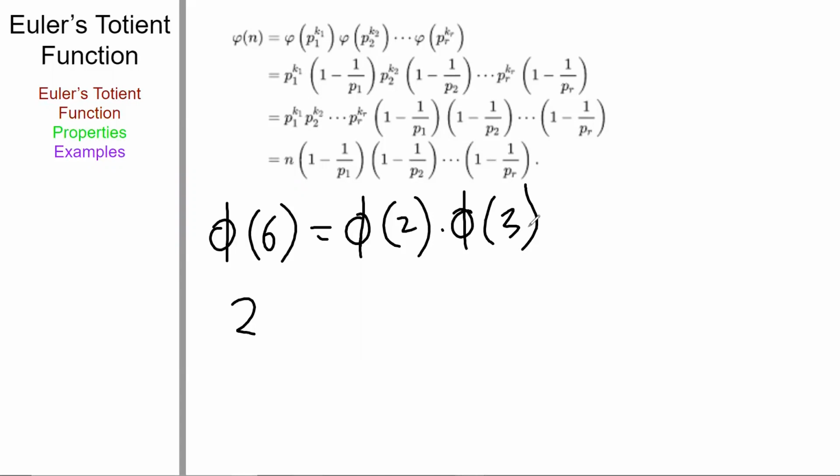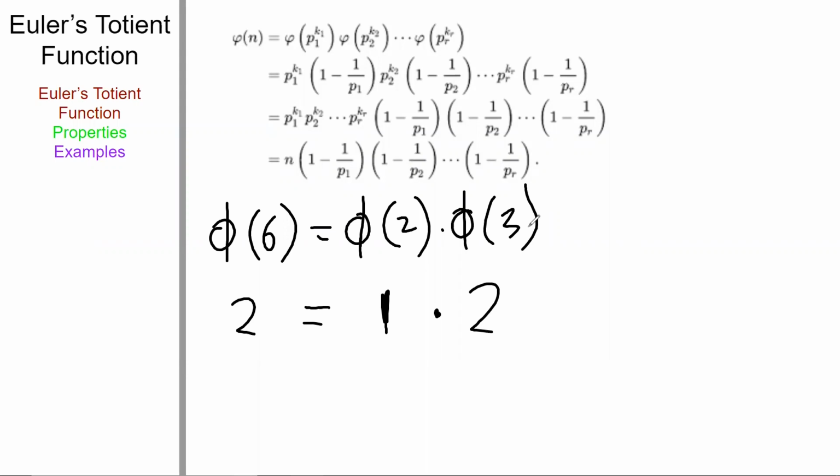So you have a 1 here. And can somebody tell me what the Totient function of 3 is? Okay, that's also 2. And the two numbers that work are 1 and 2. So you can see here that 2 equals 1 times 2.